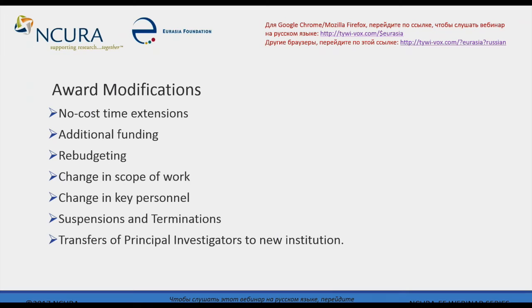Suspensions or terminations. Awards can be ended by the sponsor with prior notice. Handling those terminations can also be required. It's also possible that you may choose to terminate an award. Unfortunately, this can happen if a principal investigator or researchers have medical issues or are unable to complete the project.